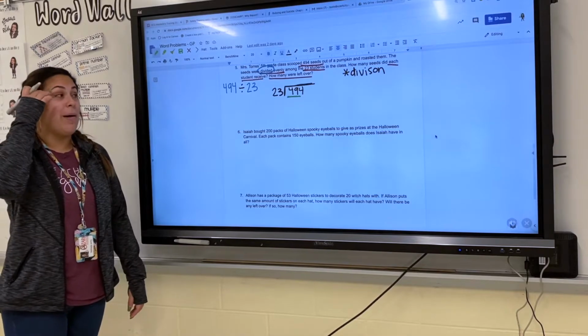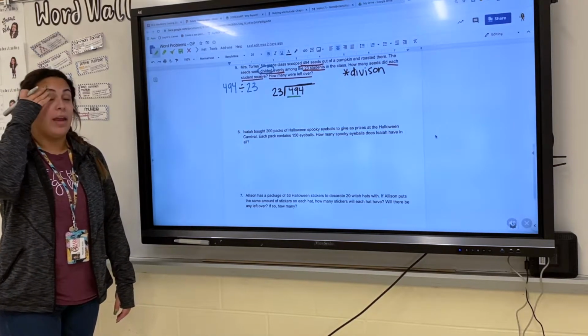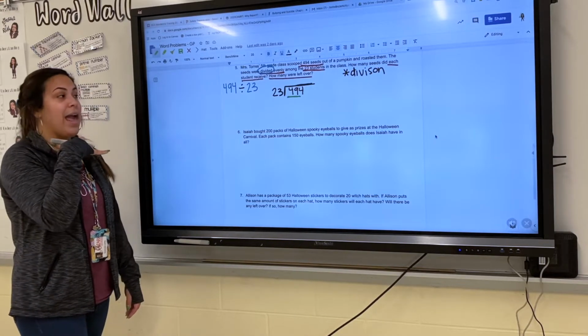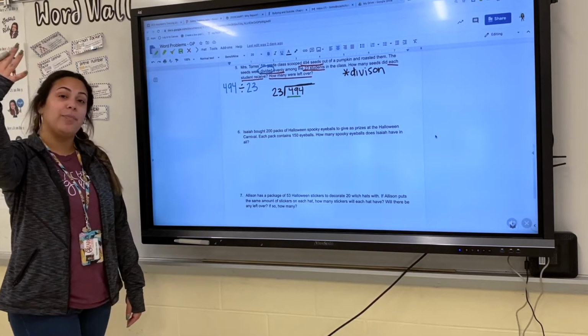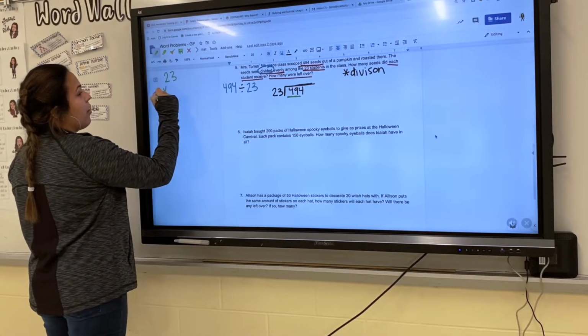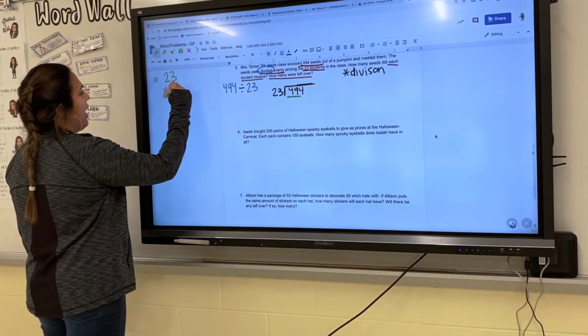I'm going to have to multiply by a random number because I don't know this at the top of my head. So I always like to start with 5 because that's our nice little median, and that will let me know if I need to go higher or go lower. So over here, we're going to do 23 times 5.